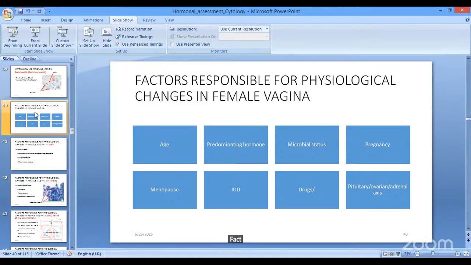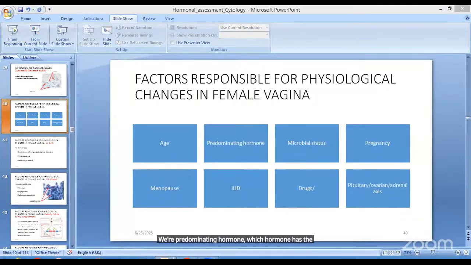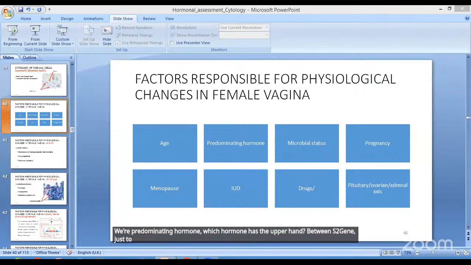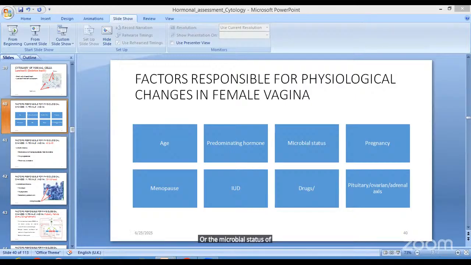Factors like age, predominating hormone, which hormone has the upper hand between estrogen, progesterone, or sometimes androgen. What's the microbial status of the vagina? Is it pregnancy? Is it menopause? Is it an IUD, intrauterine device? Is it drugs?